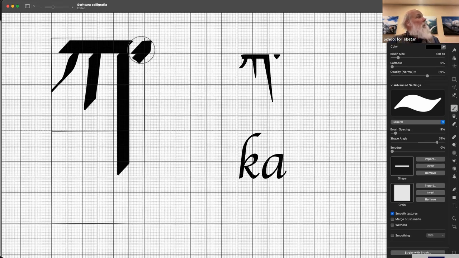So the tsek, this dot here, if it's absent, this one is not a word. This one is just a letter. It becomes a word or a meaning carrier once you put the tsek.